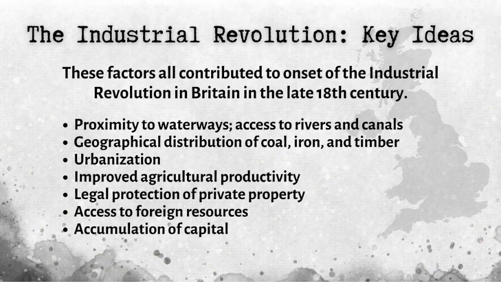The environment shapes human societies, and as populations grow and change, these populations in turn shape their environments. So in the box at the bottom on the graphic organizer, I want you to answer this question. How did environmental factors shape industrialization in this period? How did industrialization in turn shape the environment?